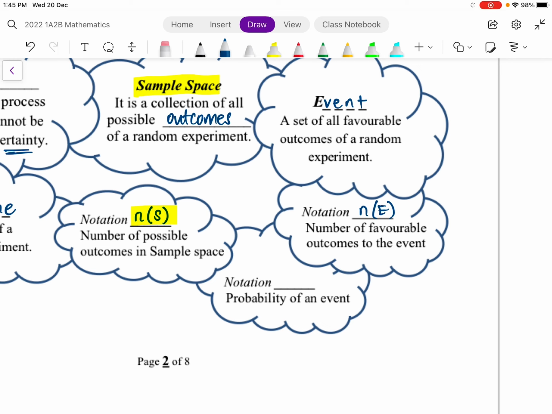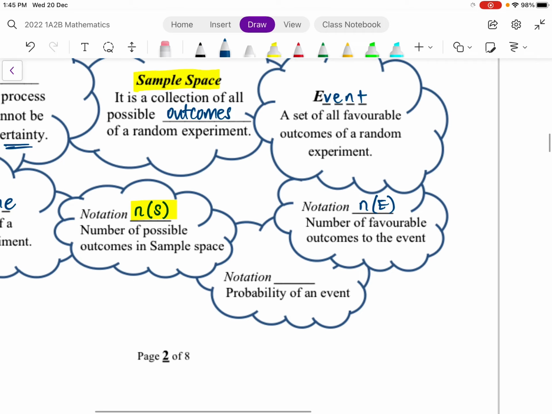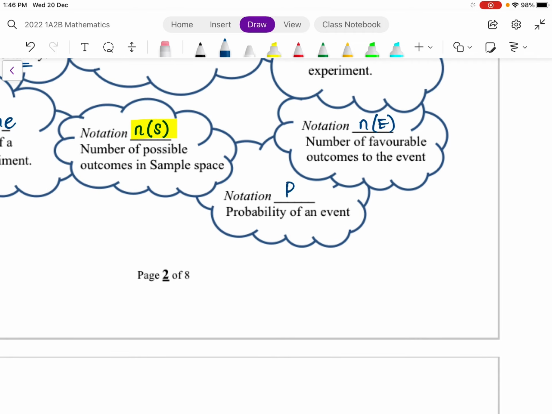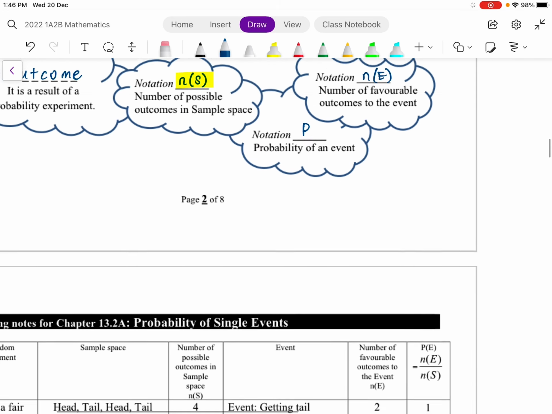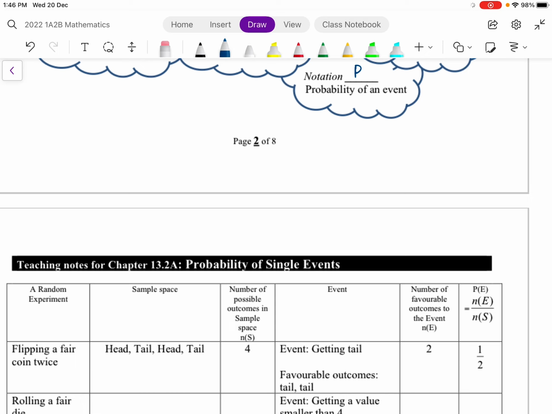So in that case, it would be 1. And finally, the notation capital P refers to probability. All these notations are just short forms of writing things. We will see more in the subsequent pages.